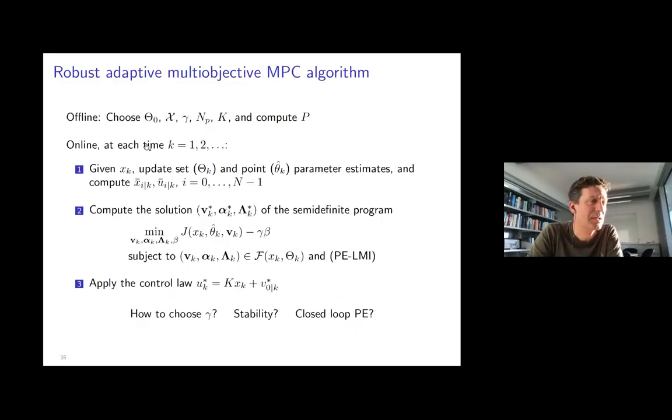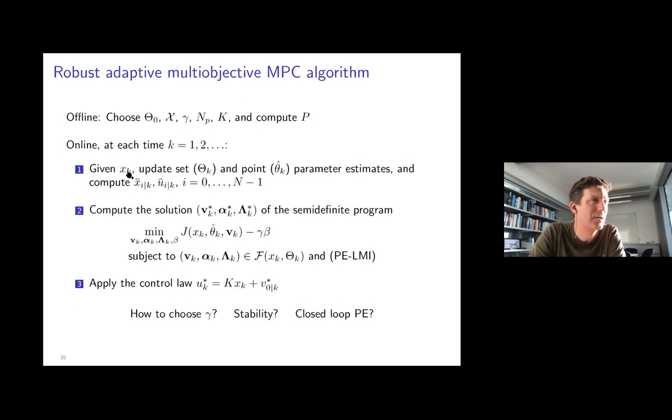So the optimization that we could solve, if we're solving this as a multi-objective problem, where we want to balance the cost of identification with the cost of tracking or regulation of the model, then we can update the scheme like this.